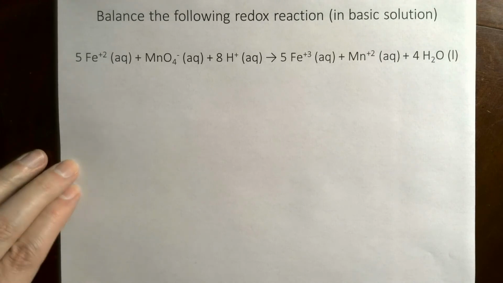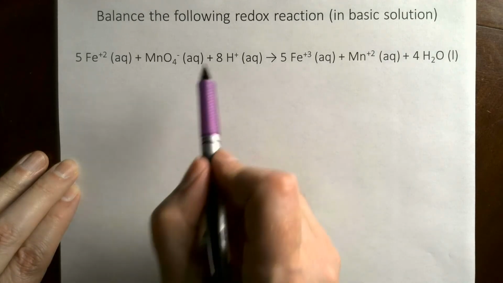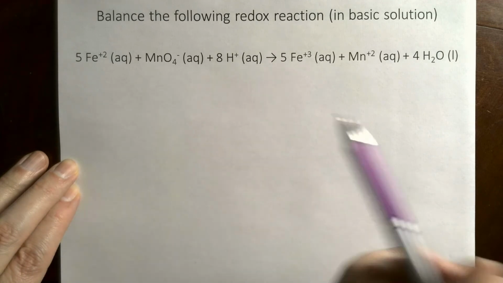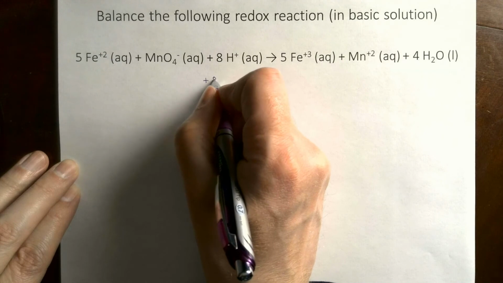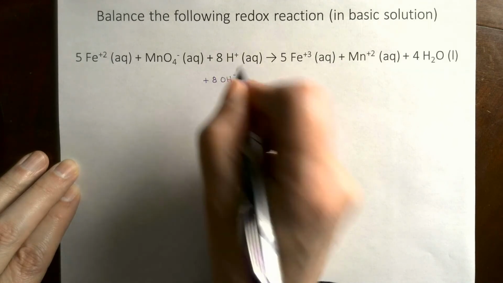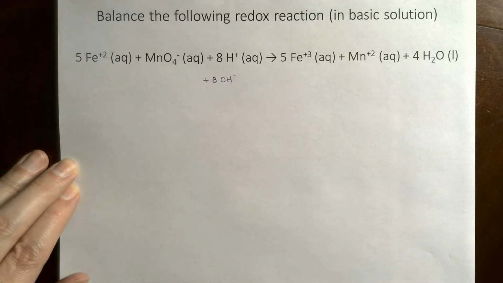And we know already that if we react H+ with OH-, we end up with water. So if we want to neutralize the H+ and get this to basic solution, we could add 8 hydroxide ions to the side that has the H+, in this case, the reactant side.